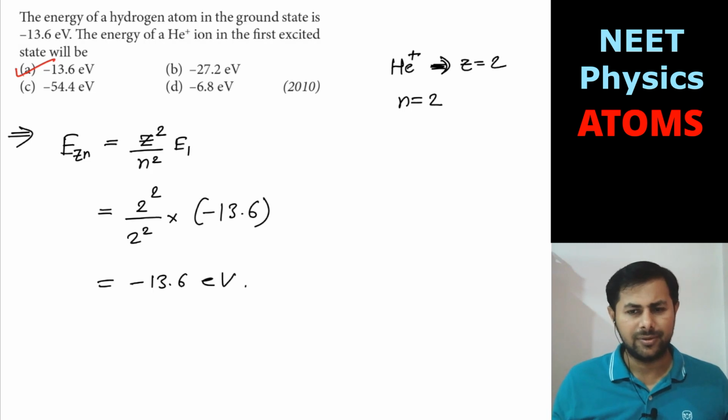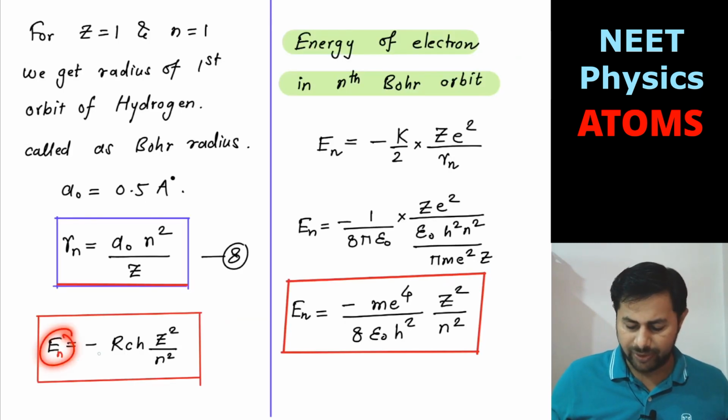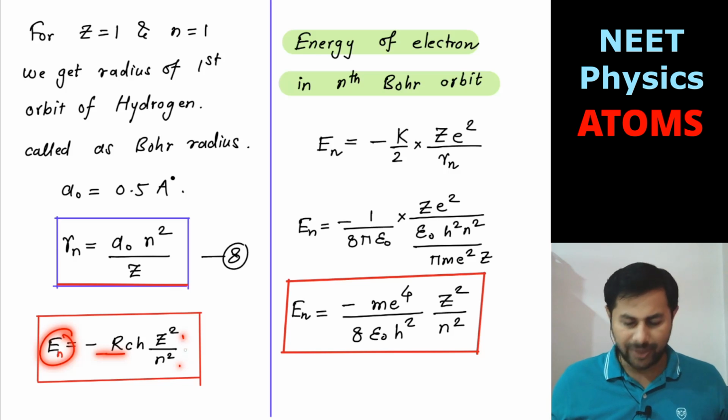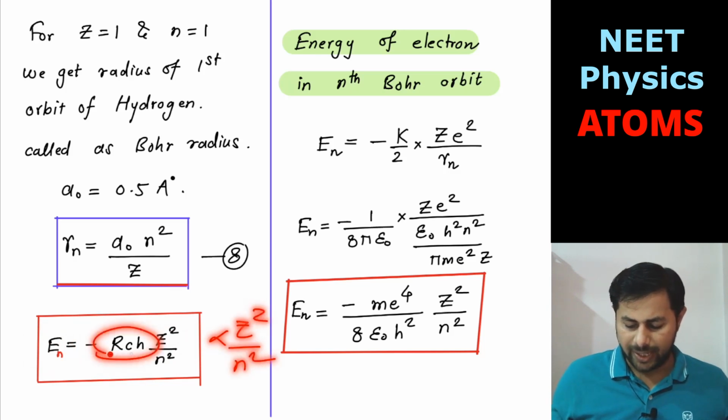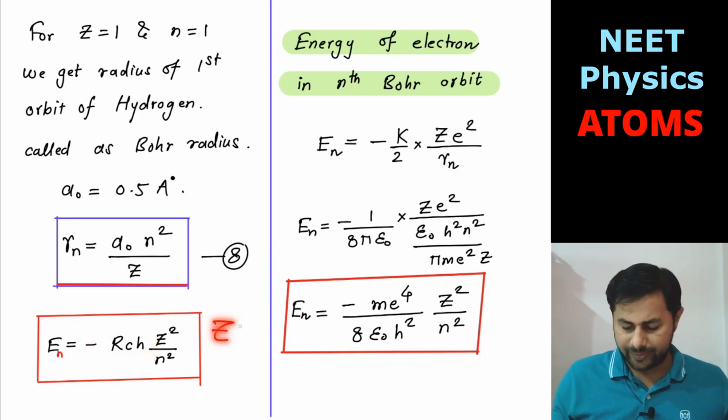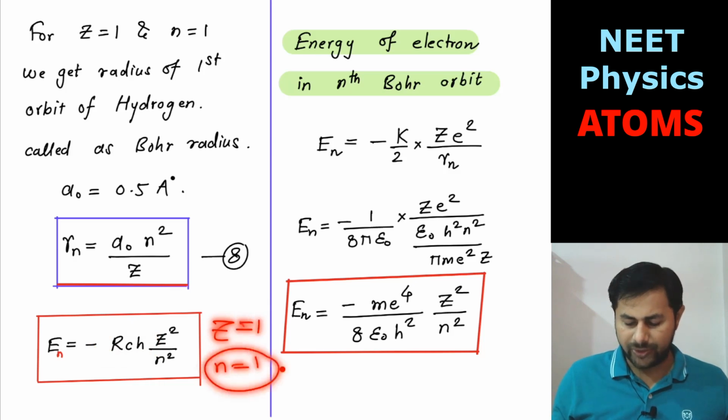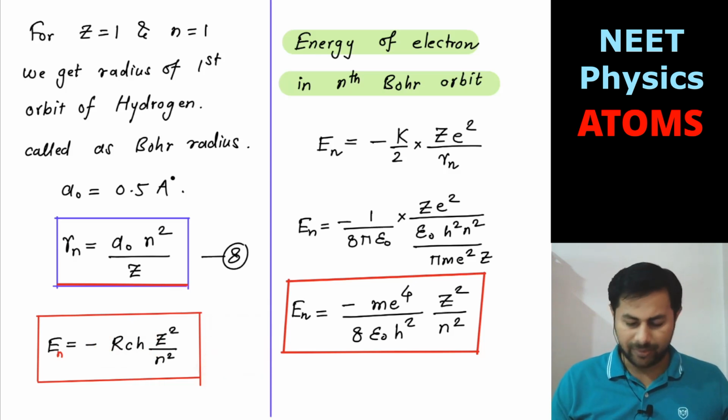This is clear? Okay, so here En is equal to minus of RCH Z square by n square. This is the formula. It's directly proportional to Z square, inversely proportional to n square, and if you put Z equal to 1, n equal to 1, you get the energy of hydrogen atom of the first orbit, which is just minus of RCH, minus 13.6 electron volts.